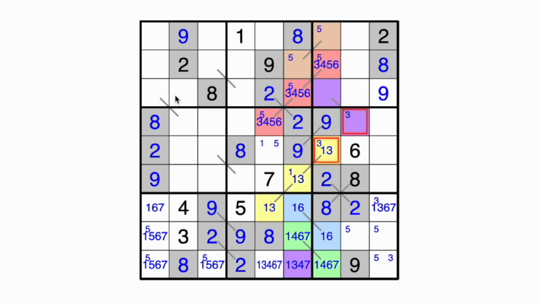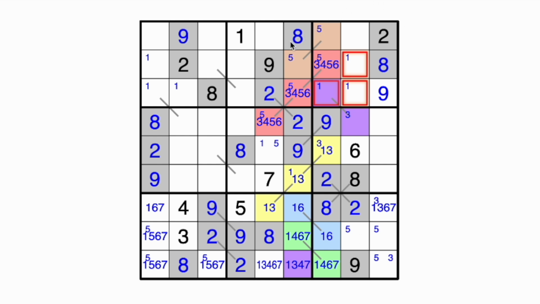In these cells. It's not here. It's one of these 3. Pencil mark some 1s, I guess. So one of those is a 1. Over here, one of these 3 is a 1. And that was less illuminating than I hoped.